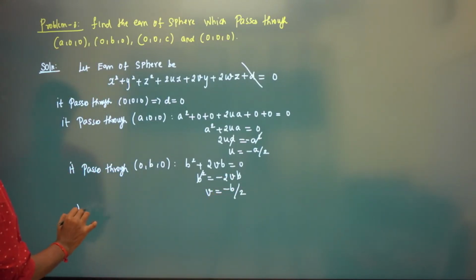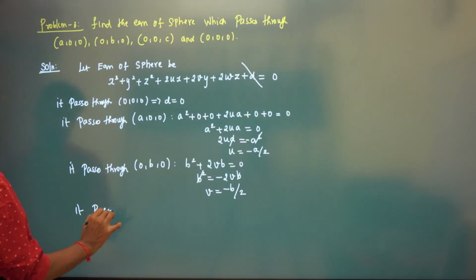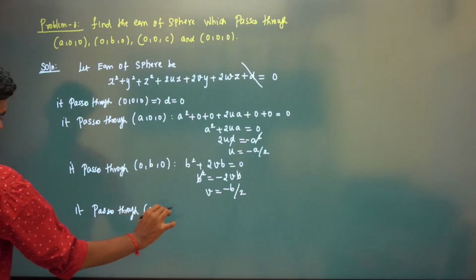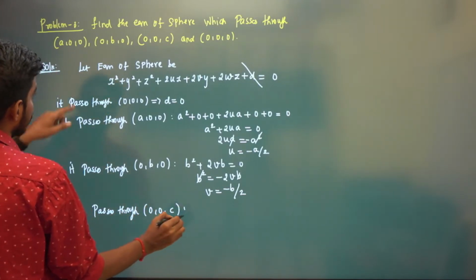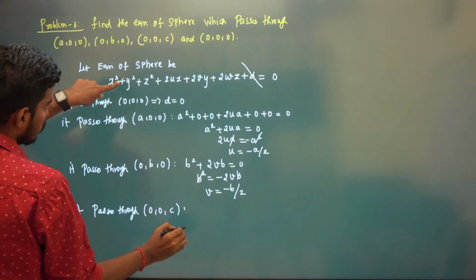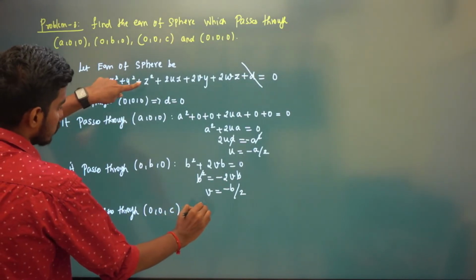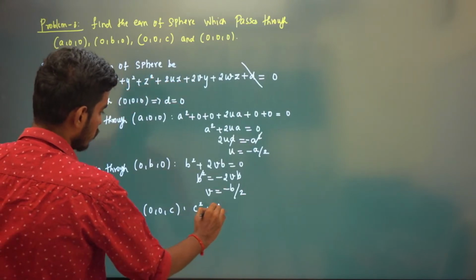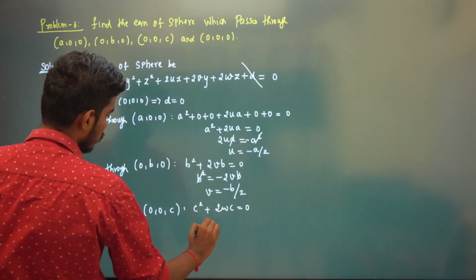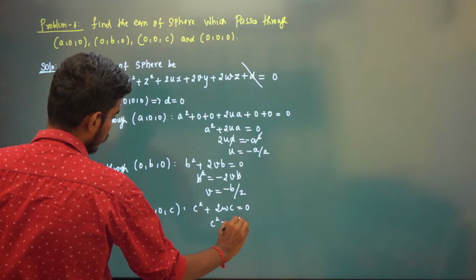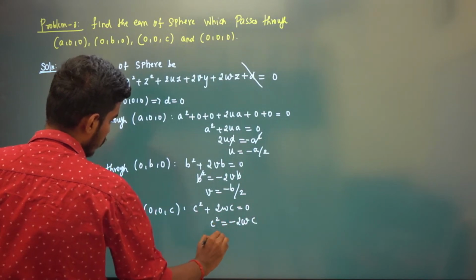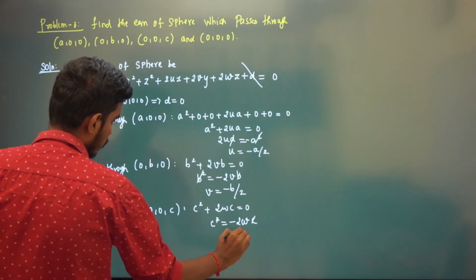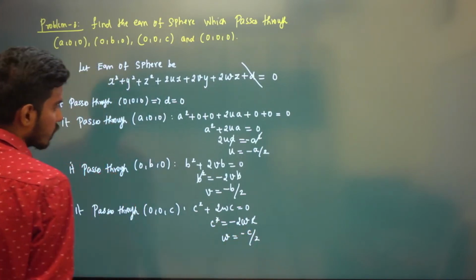Now again it passes through 0 comma 0 comma c. So if we substitute here, x square 0, y square 0, c square, 2wc is equal to 0, c square is equal to minus 2wc. So we have w to be equal to minus c by 2, right?